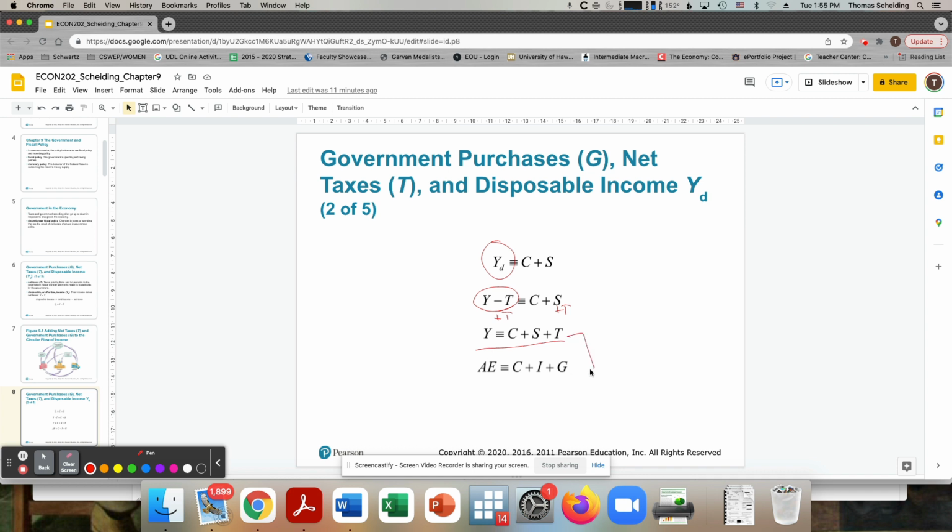And in a balanced government, balanced budget situation, T equals G, which then means we can substitute G for T, where G stands for government spending, T stands for taxes. That government spending is part of the aggregate expenditures.